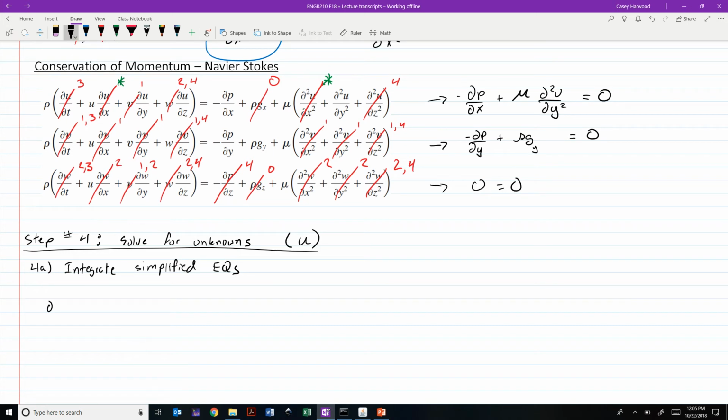So we've got d squared u dy squared times mu. Let's go ahead and take this equation right here and spread it out onto opposite sides of the equal sign.